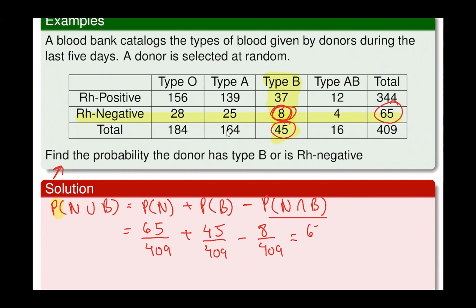So you're going to do 65 plus 45 minus 8, all divided by 409. So we go 65 plus 45 minus 8. If you do that, you get 102 divided by 409.